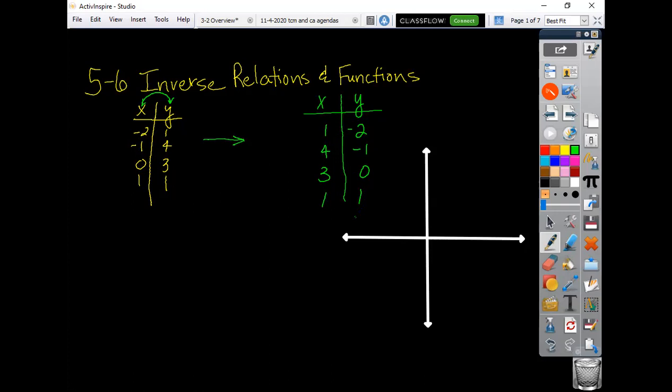All right, so then the next thing is on a graph, how does that look? So you see this little graph over here on the right. Those first yellow dots, a -2, 1 here, and then a -1, 4 up here, and a 0, 3 in there, and a 1, 1 sort of in there.